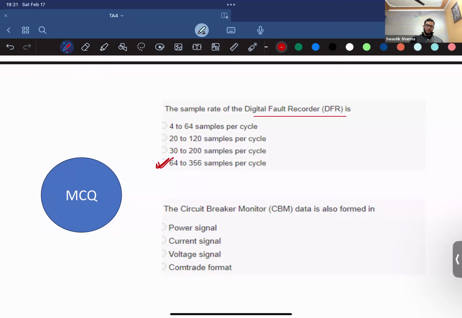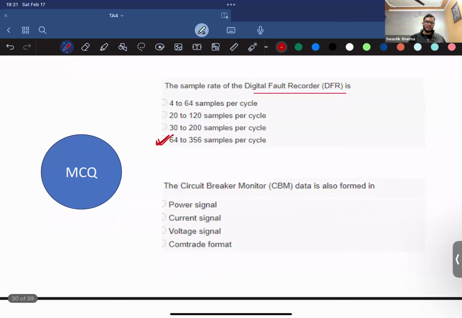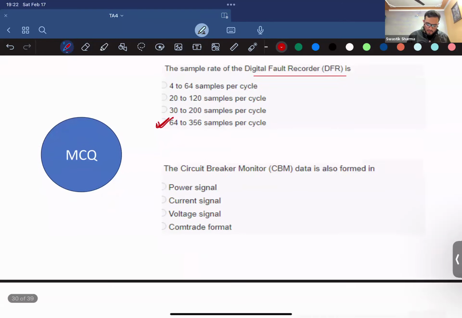To record faults, you need transient or dynamic observability of the entire system, and for that you need more samples per cycle of your system. That's where this comes into play.